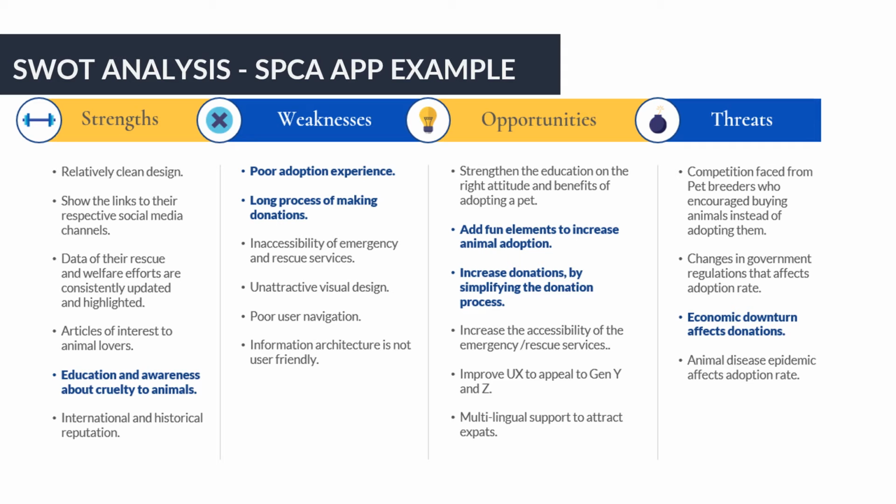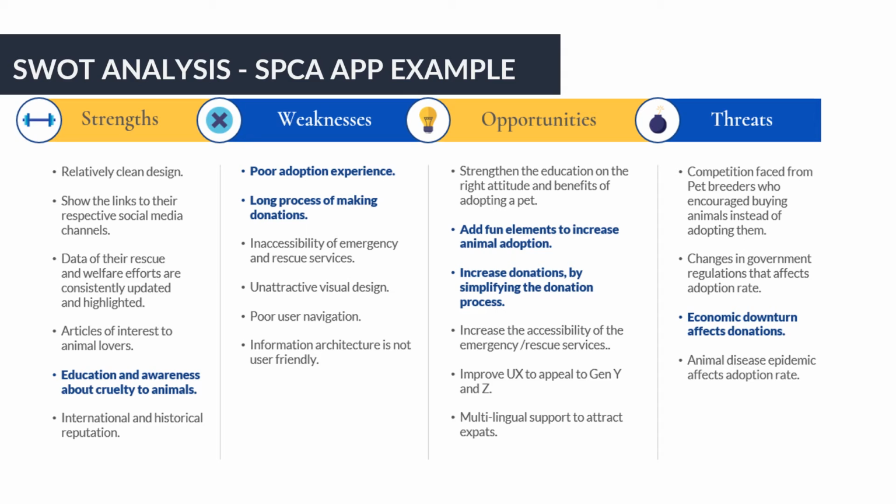However, when they assessed the app, they noticed that there is poor adoption experience. Not a lot of people were able to adopt animals. Why was that so? It could be because the app was not user friendly. The information for adoption was not well structured enough, so much so that people were having difficulties to actually do that. Or it might have been external factors. And then the long process of making donations.